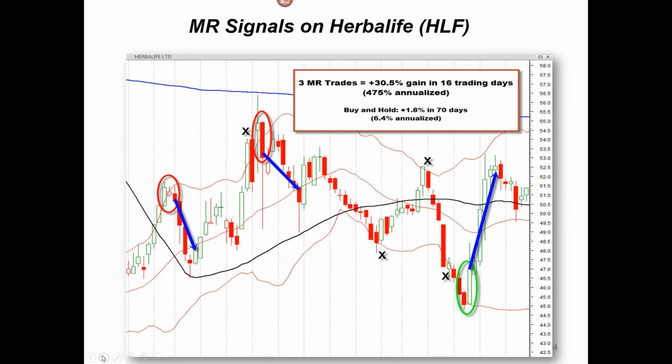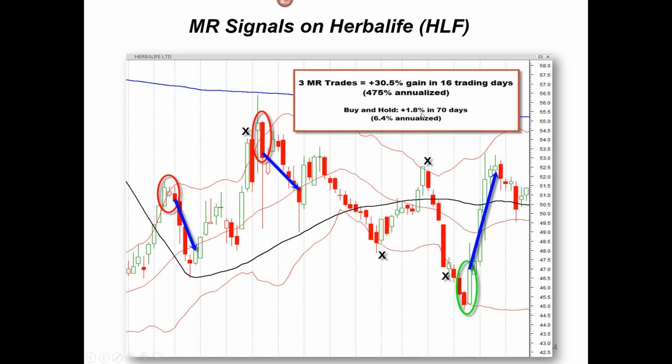So those 4 good setups, sorry, the 3 good setups totaled a gain of over 30% in 16 trading days, and that was simply holding for the 5-day period, right? That's your maximized percentage gain per day. Buy and hold over the same period, you would have been 70 days in the trade.